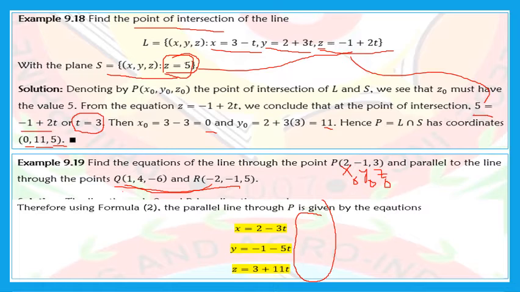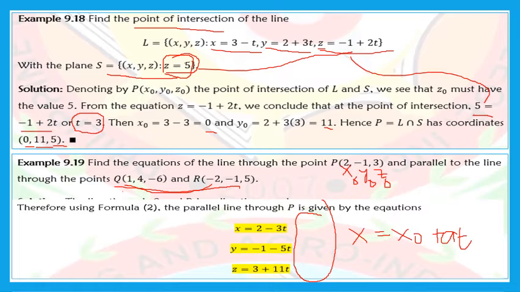And then, si y naman, kaya diba yung sa theorem 9.13 ba yun? X is equal to x sub o, okay, ito yung formula doon sa theorem, plus At, where A is the direction numbers. Okay, so substitution lang. Si 2, galing dito sa point natin.